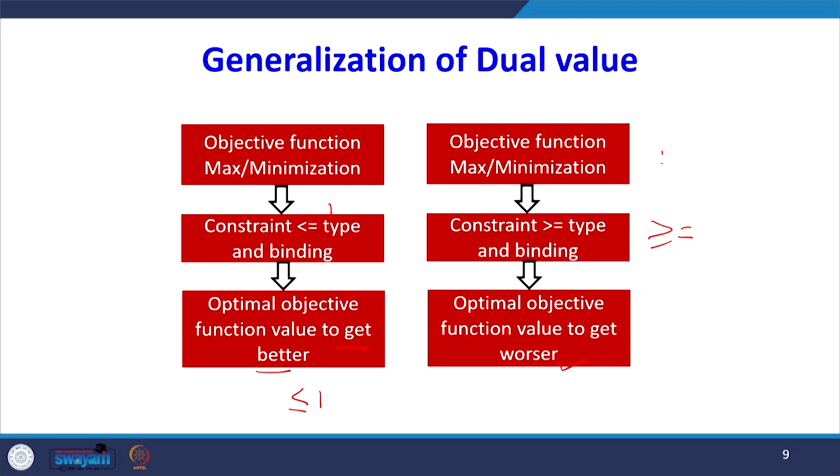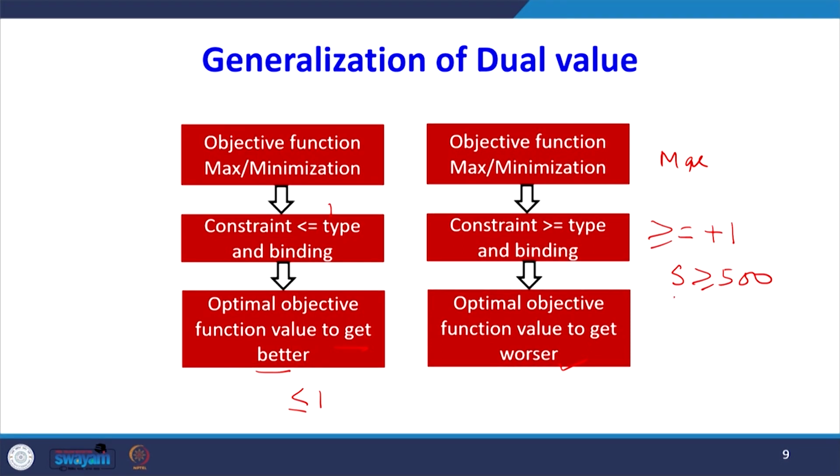If it is maximization type and the constraint is greater than or equal to type, if you add one resource on the right hand side, the value will decrease. For the minimization type, the value will increase because you are tightening. Tightening means you are not providing more freedom because the expectation increases. For example, say the minimum should be 500.